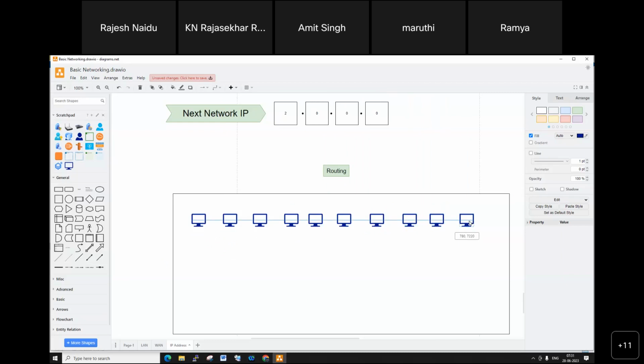So total, how many systems are there here? 10 systems.